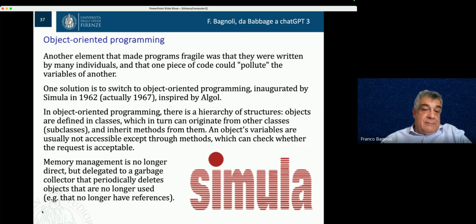So the idea of the garbage collector started, which keeps track of how many pointers are still alive pointing to a given object. If no pointers exist pointing to a given object, it can be safely destroyed.